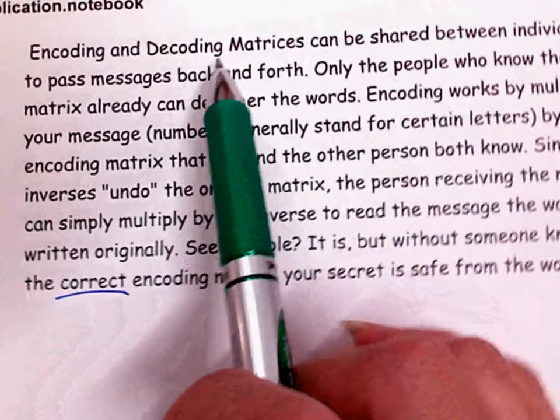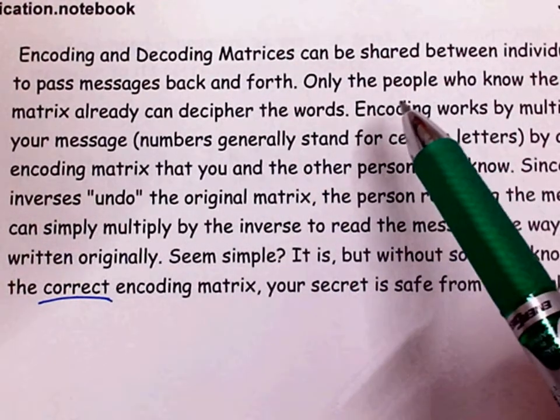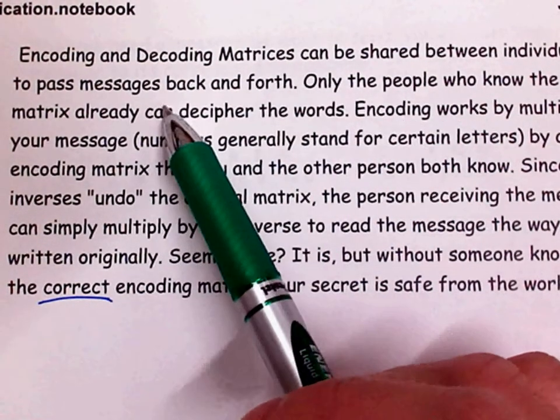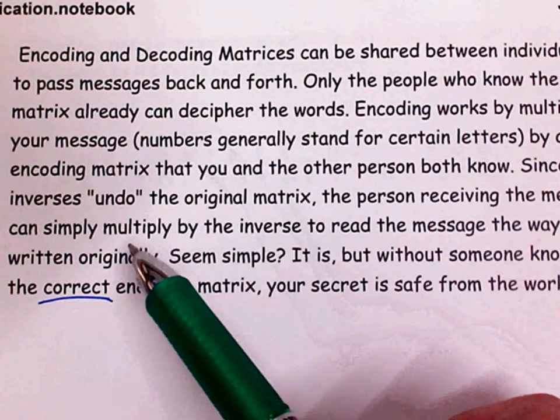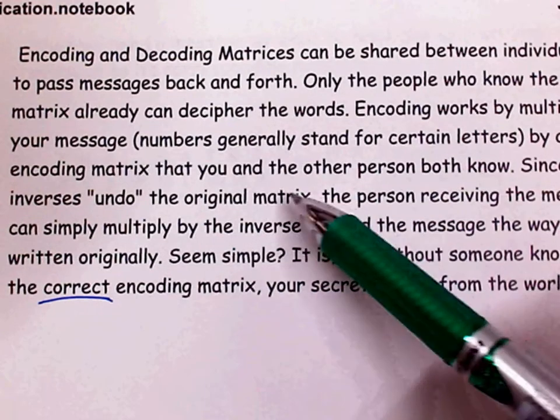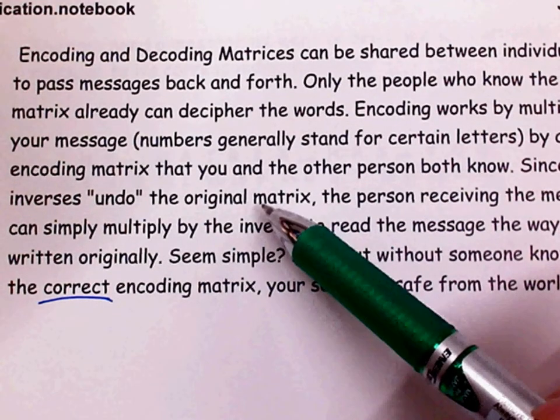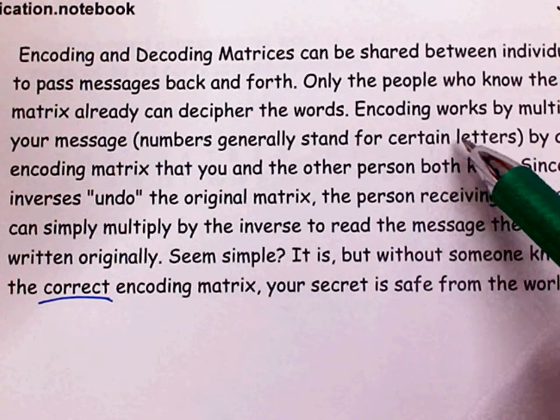So encoding and decoding matrices can be shared between individuals to pass messages back and forth. Only the people who know the matrix can decipher the words. So our goal is we are going to code, and then you're going to give it to your friend, and your friend's going to decode what you wrote.